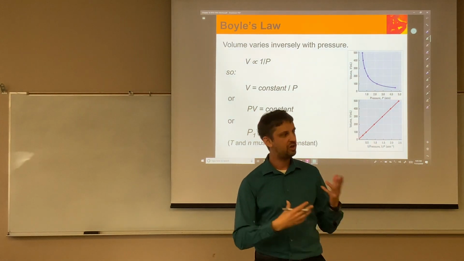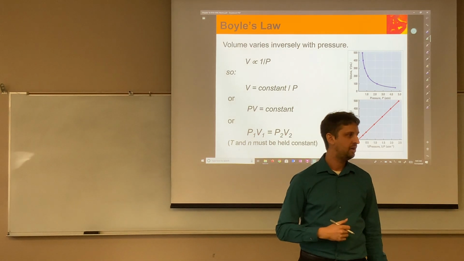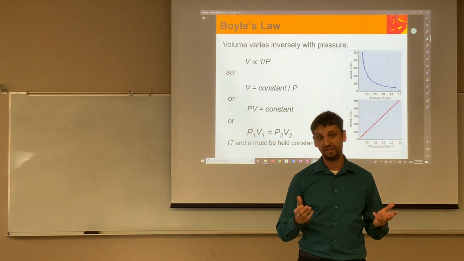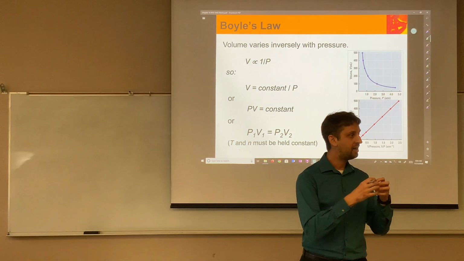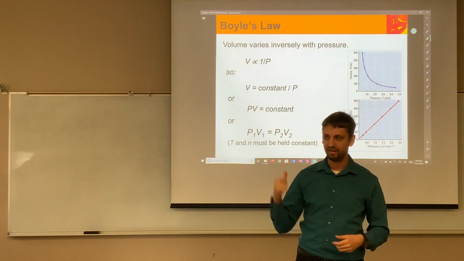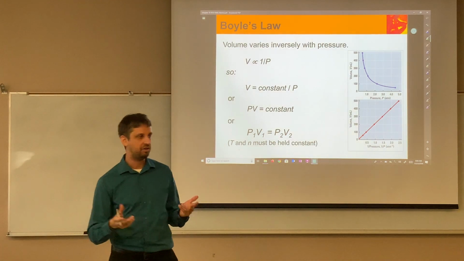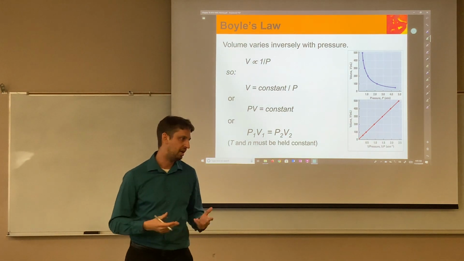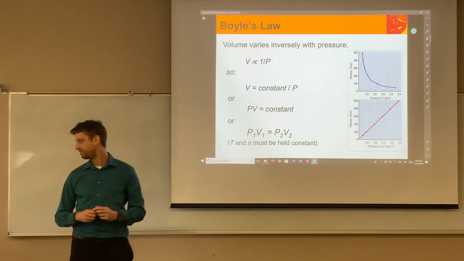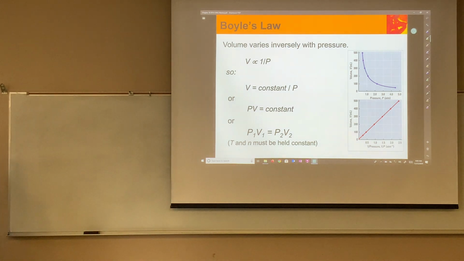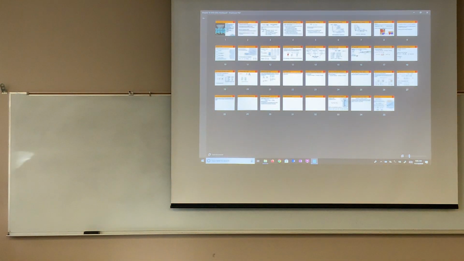So we should be able to back those out as long as we hold the appropriate things constant. That combined gas law is just our way of backing out these individual laws. So you don't have to memorize the individual ones unless you want to, or just approach it the same way we did with that problem. I have trouble remembering a lot of different equations, but I can remember the combined gas law.